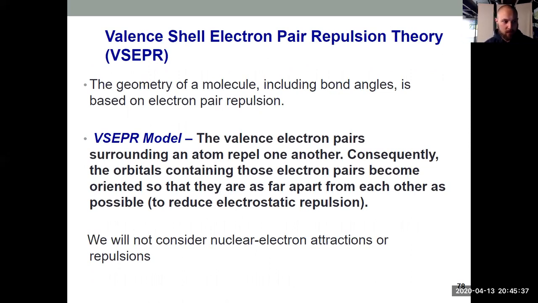So as a result, these locations where the electrons exist want to be as far apart from one another as possible to reduce the degree of their repulsion. And that's what we're thinking about with VSEPR. We're not going to talk about attractions or repulsions between the nuclei. We're just thinking about valence electrons in VSEPR.